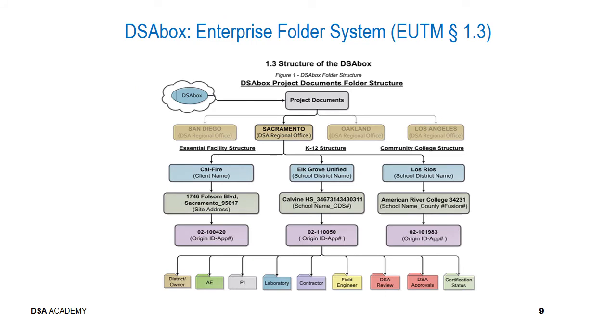Now we will take a look at the folder system or folder structure of DSAbox. First there's DSAbox, then there's the project documents, and then it goes into each of the regional offices within DSA. So for the Sacramento region, after that it goes down into whichever particular school district may be associated with it, or CAL FIRE in this case for essential services facilities, then the particular campus location, and then the particular application number or the origin and the ID for the application number.